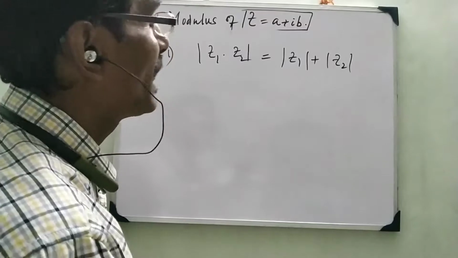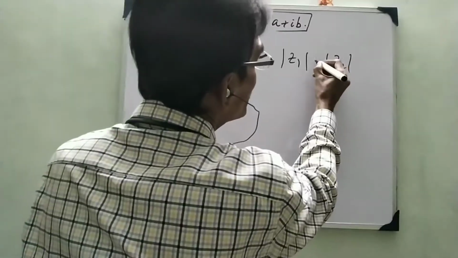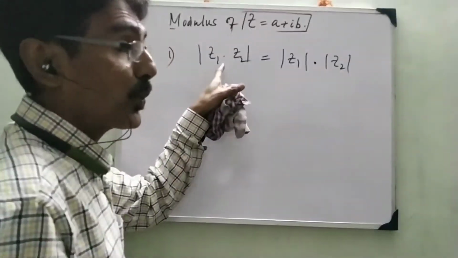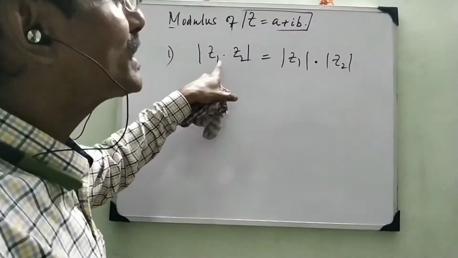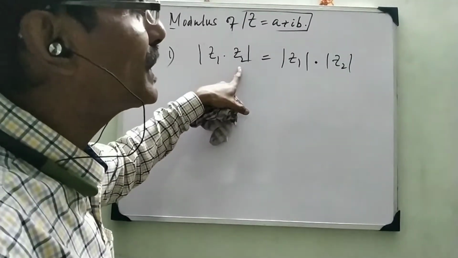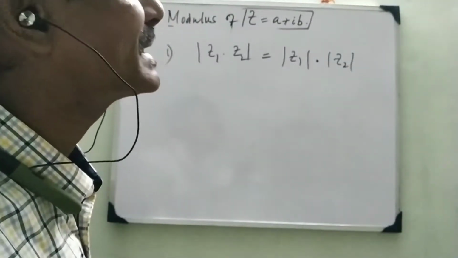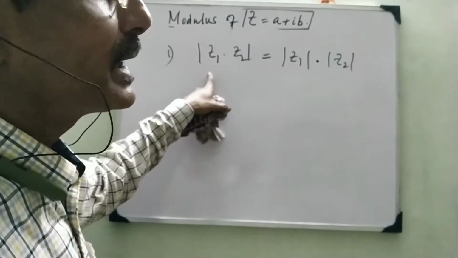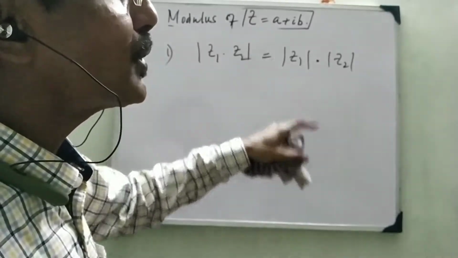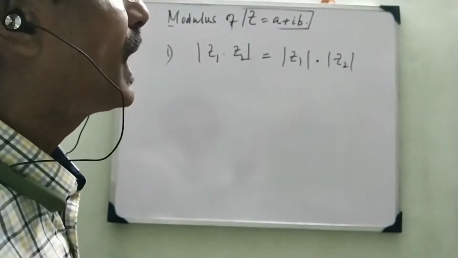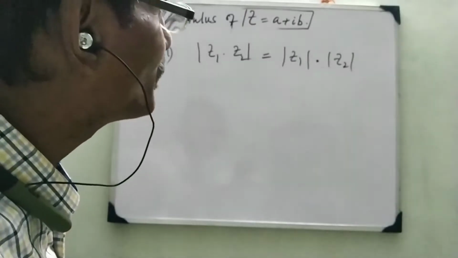The first property. I'm sorry, it is into sign. The whole modulus of product of two complex number is equal to product of their individual modulus. This property, to do the sums, in most of the cases we will try to use, our calculation will be very simple.